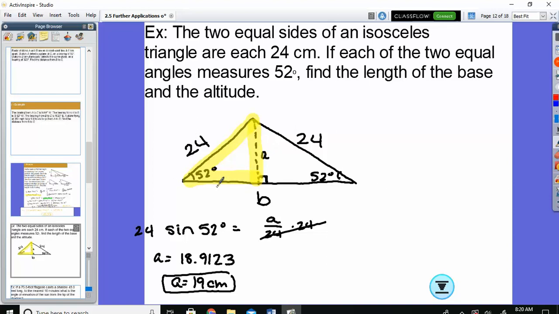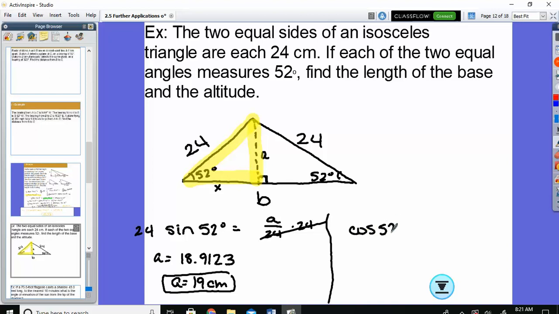We could use the 24 and do cosine. But B is the entire thing. So we first just need to find that part of it in our right triangle, so let's do that as X. I'll use the 24 just because that was an original number. That way, I like to use the original numbers whenever I can, so if I'd made a mistake, it wouldn't mess up everything. But it really doesn't matter.